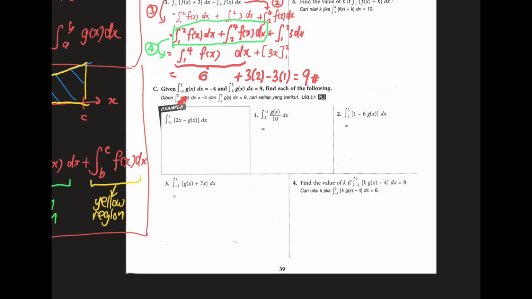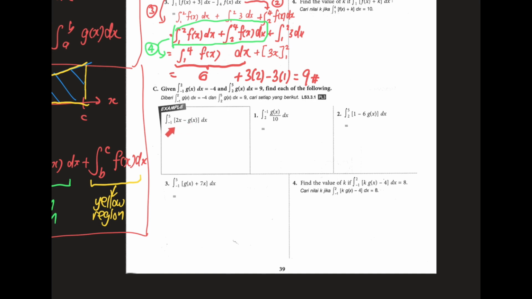The first one is integrations from -1 to 2 gx dx equal to -4. The second information, integrate 2 to 5 gx dx equal to 9. Find each of the following. Okay, example, integrate -1 to 5, 2x minus gx.